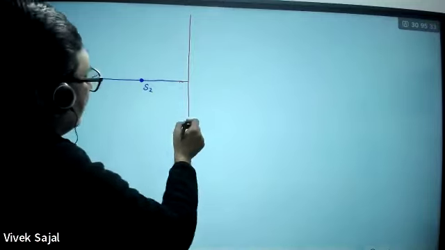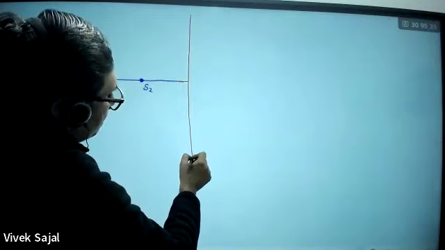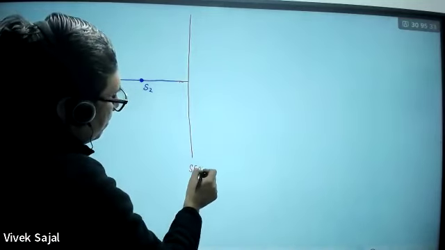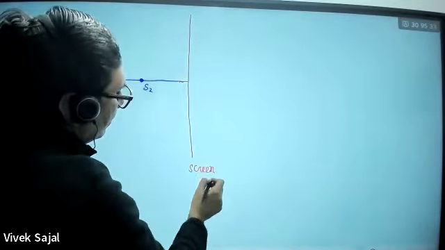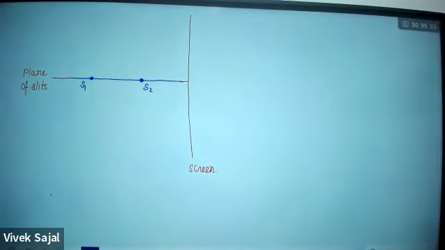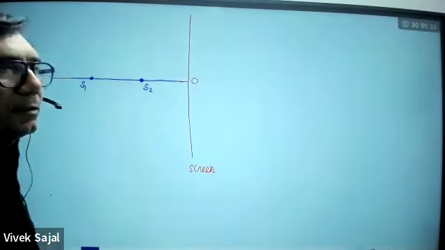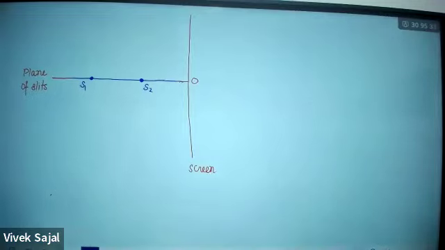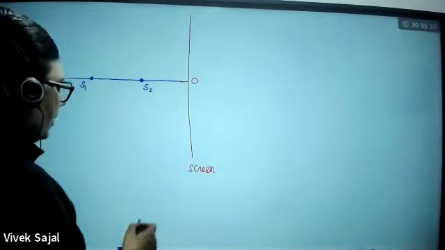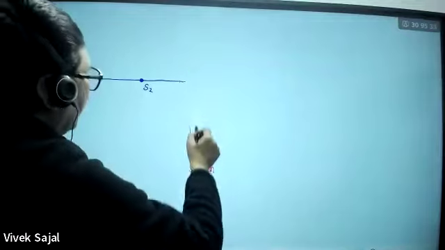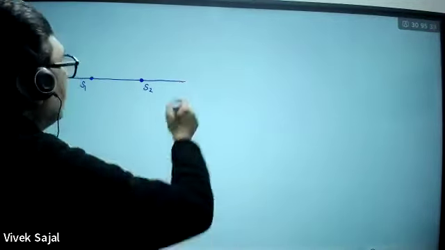And what is this? This is screen. And this is the center of the screen, you can say. Or just wait for 1 minute. I will make a much better screen here.